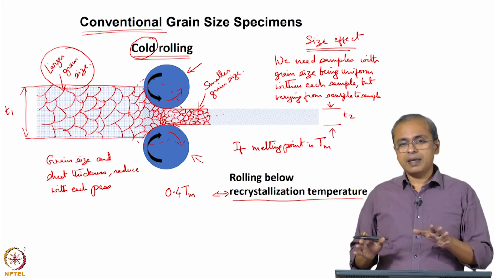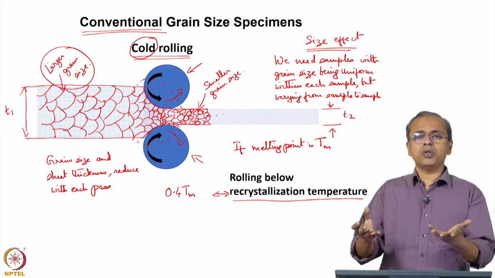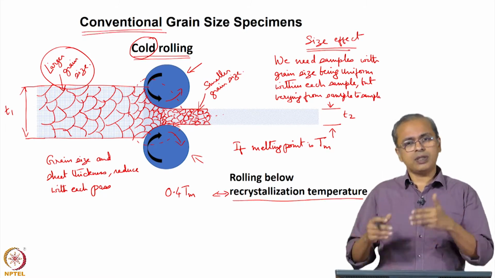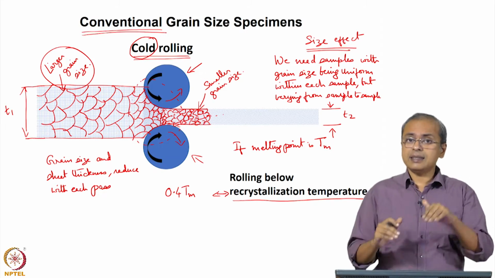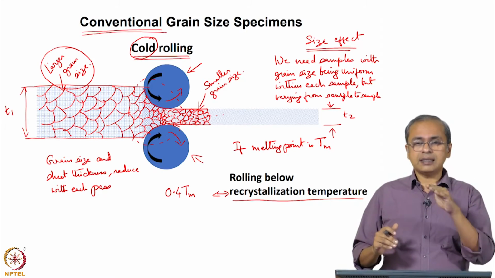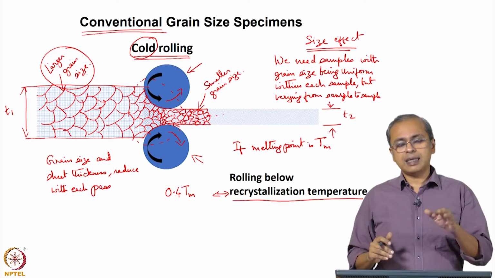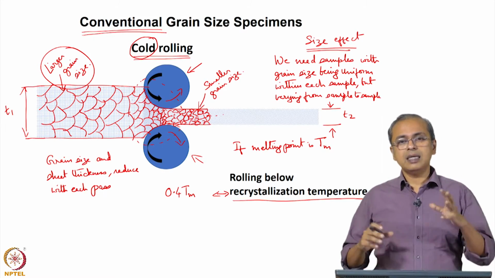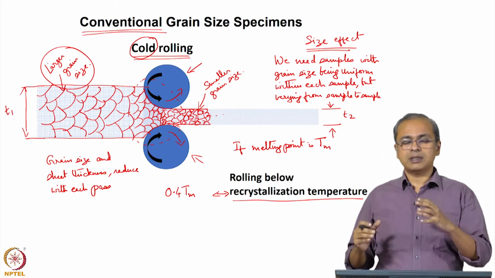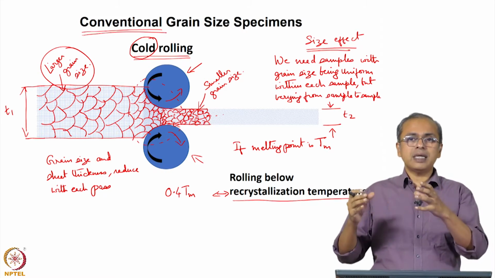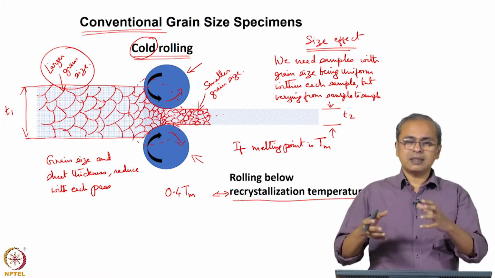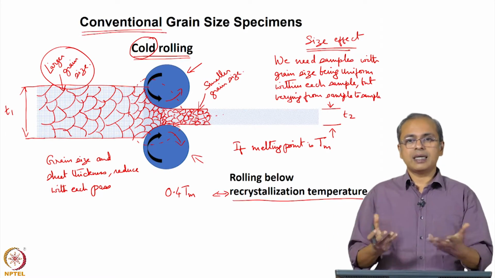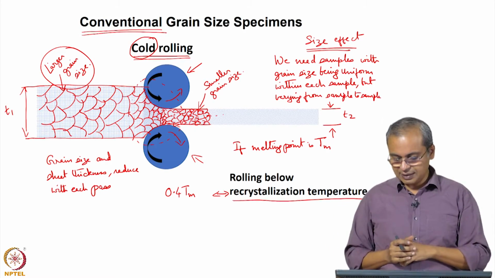In some cases maybe that is what you desire, then that is okay. In this case, you want that small grain size to remain, and therefore, it is desirable that you do not take the temperature above the recrystallization temperature and you stay below it. Above the recrystallization temperature, the grains recrystallize into bigger grains, and that is why it is called the recrystallization temperature.